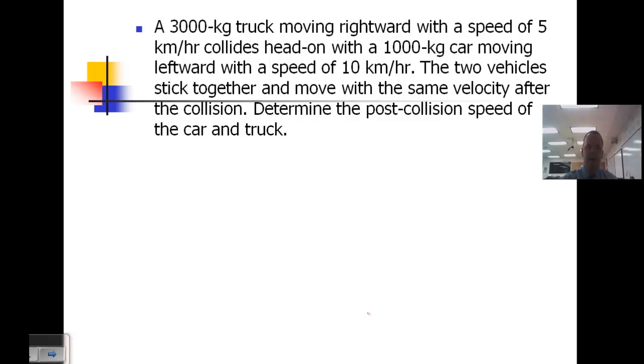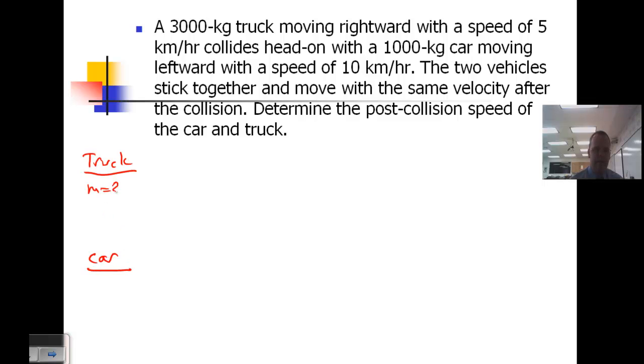Another one, a 3,000 kilogram truck moving rightward at a speed of 5 kilometers an hour collides head-on with a 1,000 kilogram car moving at 10 kilometers per hour. The two vehicles stick together and move at the same velocity after the collision. So we have our truck and we have our car.